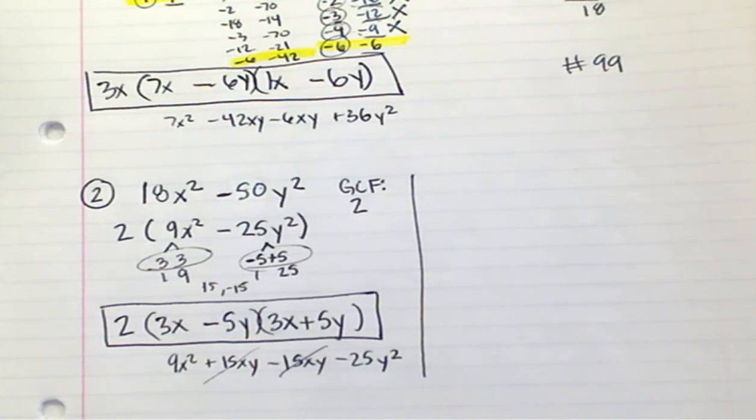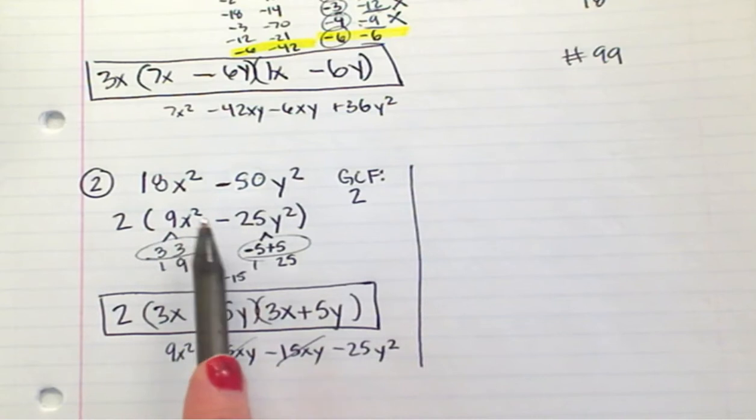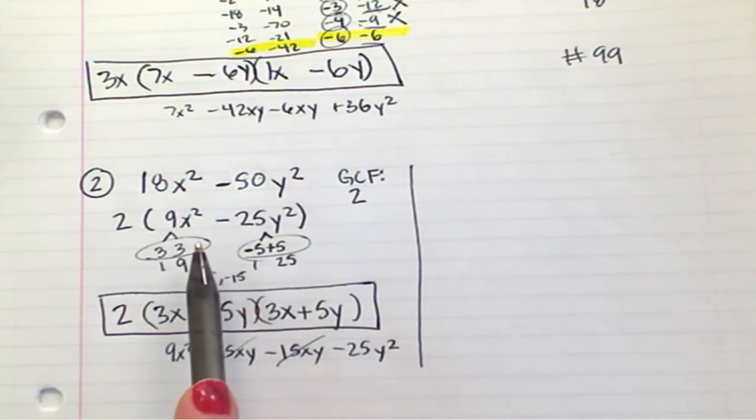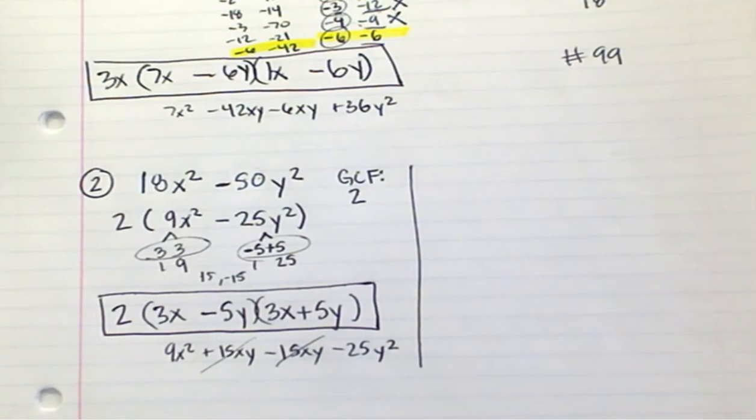What I'm trying to show you is that the multiply, the first and the last, the guess and check, it works no matter what category you're in. You just have to realize that the missing term is 0, and so my outer and my inner, they actually combine to 0.